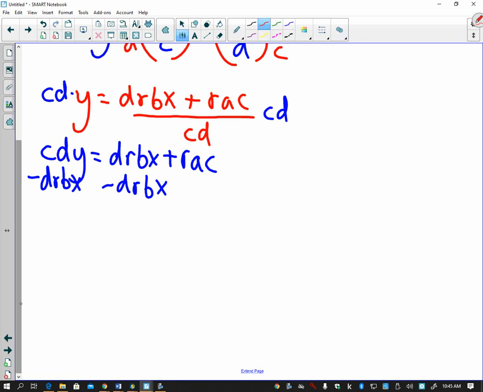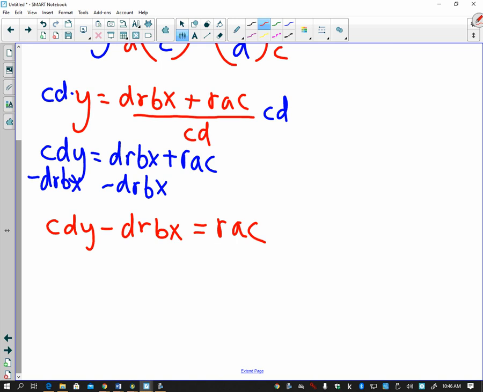So what am I going to write to show that being done? CDY minus DRBX, what does that equal? Equals RAC. Okay, what's the next step?